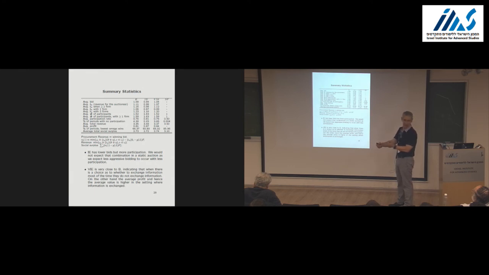Is that clear? So in the information exchange equilibrium, it looks like collusion, okay? At least if you look here, because they're bidding much lower and getting the stuff, okay? On the other hand, their participation rate is higher, which is not what you would expect from the standard static model. Is that clear? Okay.